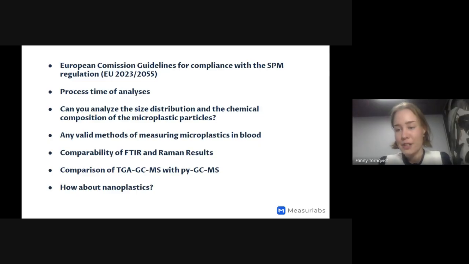Then Andre is asking, more specifically about the methods, where does the big difference in the detection limit between TED and pyrolysis come from?